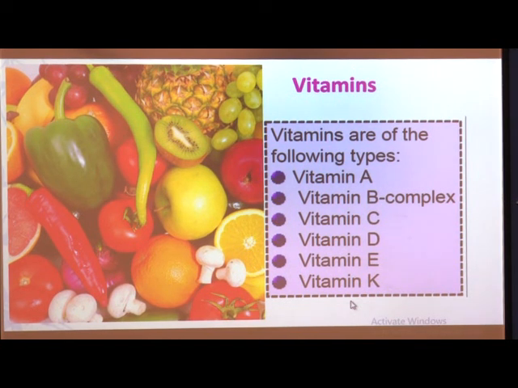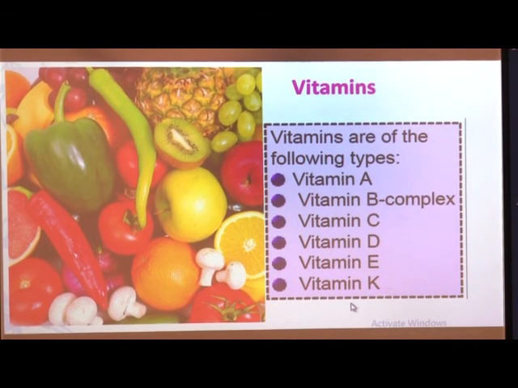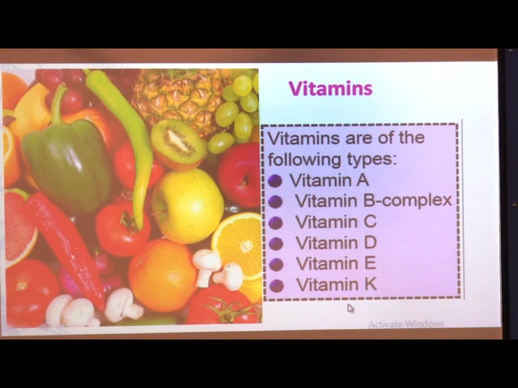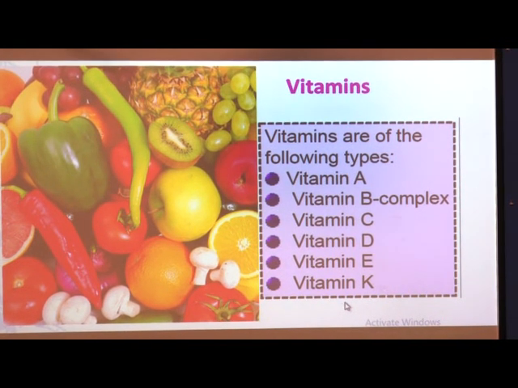So, later after many experiments, it was concluded that the lemon is rich in vitamin C. It was in 1911 that a Polish scientist identified some substances essential for our good health, required in our body in a very small quantity.